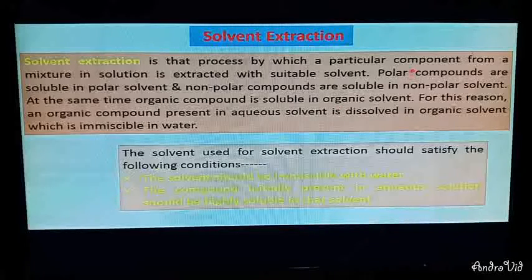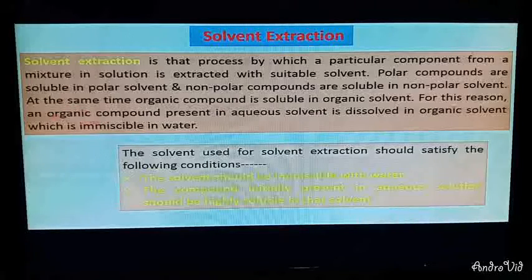We know very well polar compounds are soluble in polar solvents. At the same time, non-polar compounds are soluble in non-polar solvents. Organic compounds are soluble in organic solvents. For this reason, an organic compound present in an aqueous solvent is dissolved in an organic solvent which is immiscible in water.